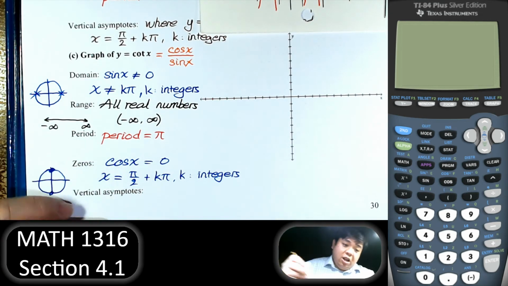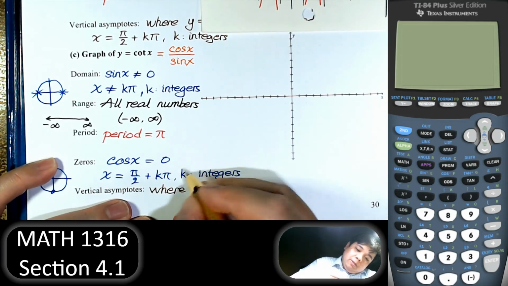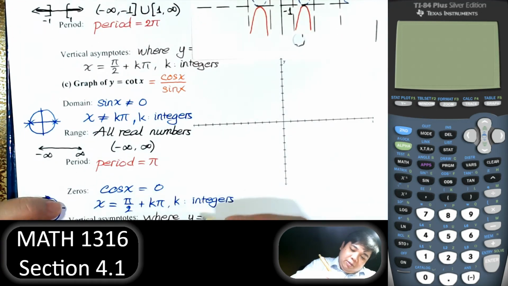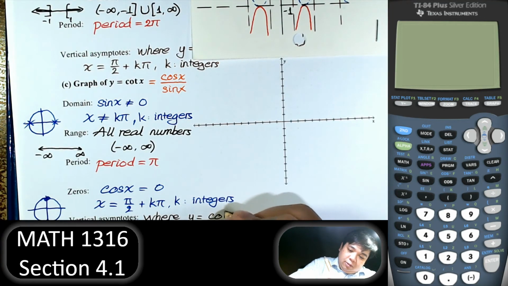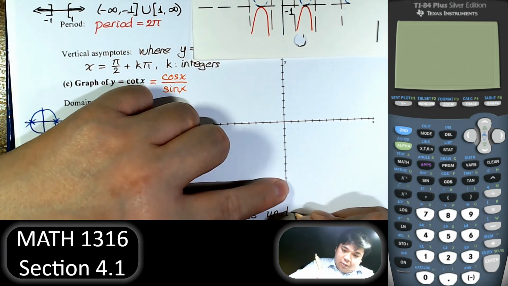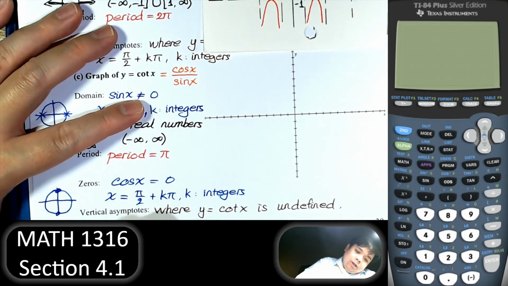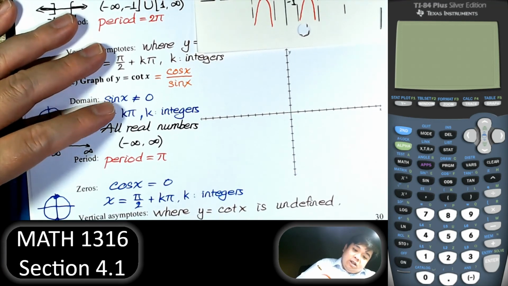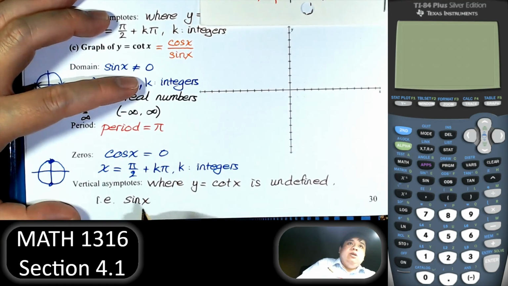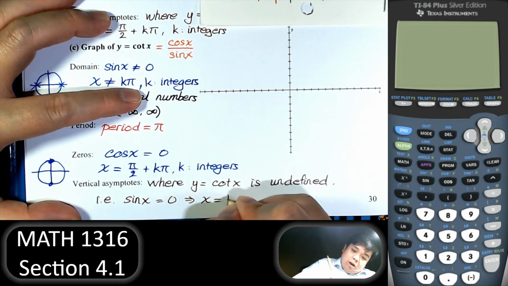So where the function is undefined is where the asymptote is, meaning it is a multiple of pi.